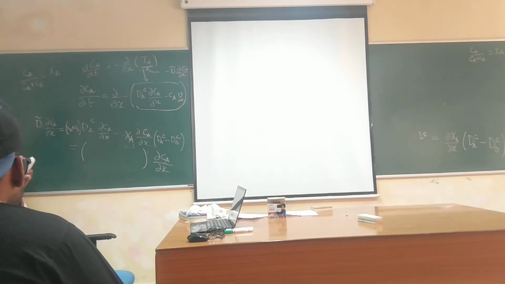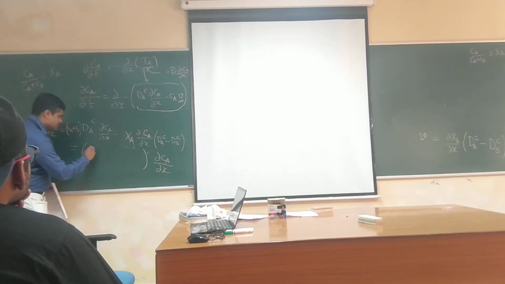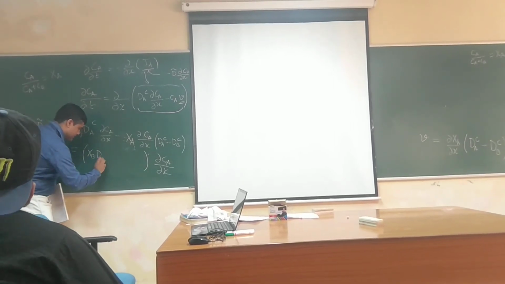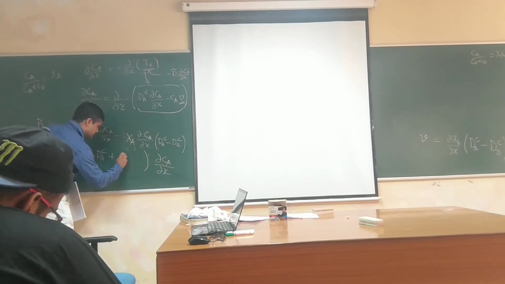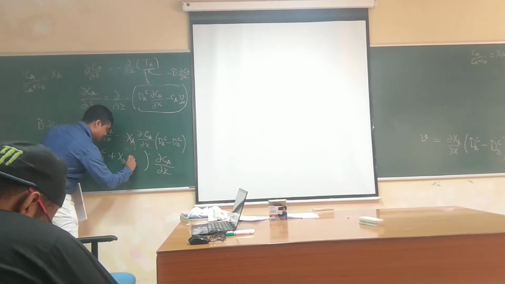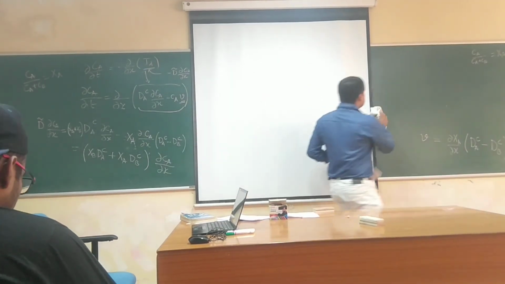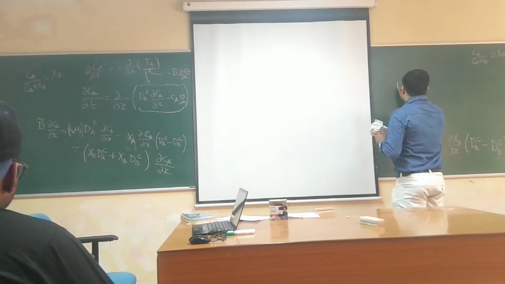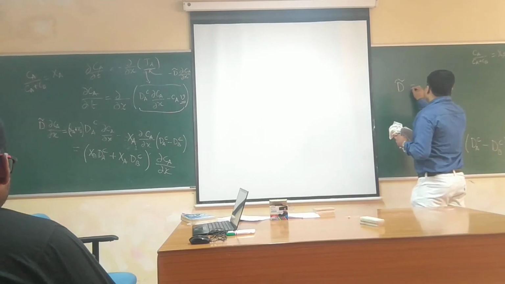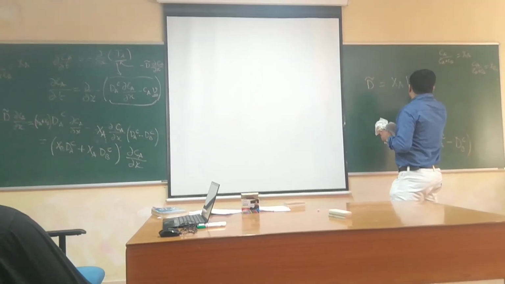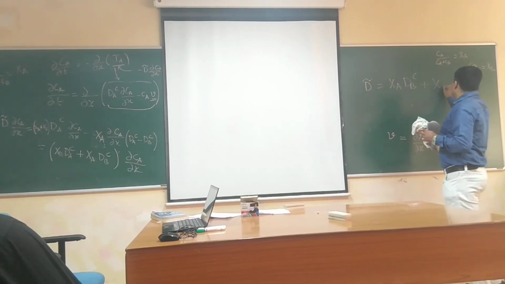XB into DSC plus XA into DBC. So that means D tilde, the interdiffusion coefficient, becomes XA DBC plus XB DSC.